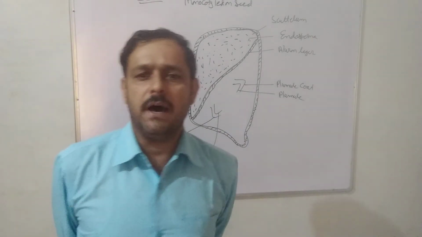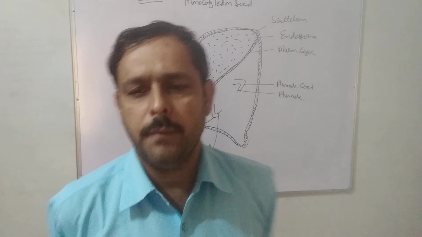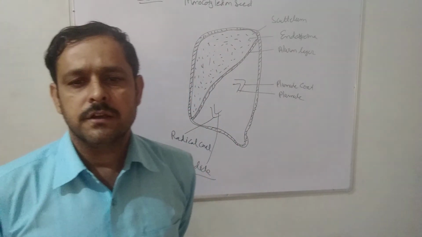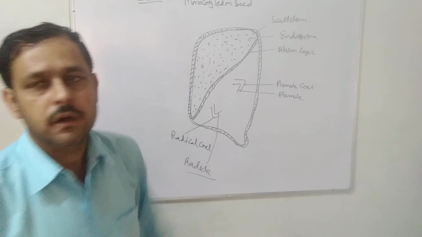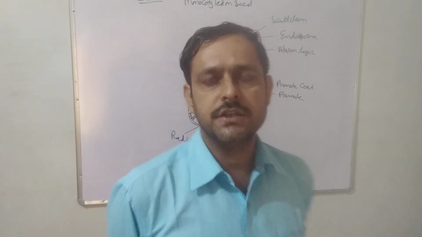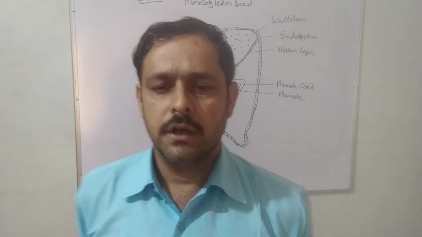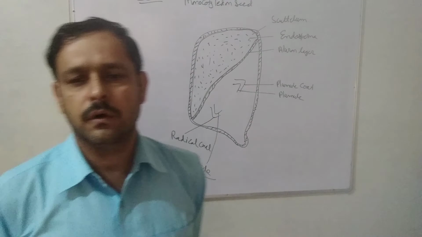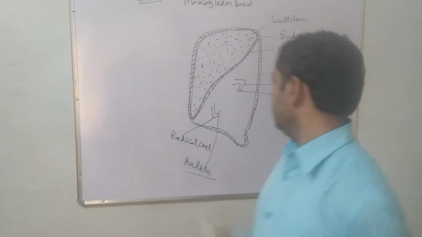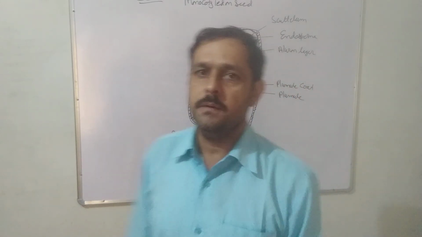The embryo is small and situated in a groove at one end of the endosperm. It consists of one large, shield-shaped cotyledon known as scutellum and a short axis with plumule and radicle. The plumule and radicle are enclosed in sheaths called coleoptile and coleorhiza respectively, or we can say plumule coat and radicle coat. So this is the structure of seed.